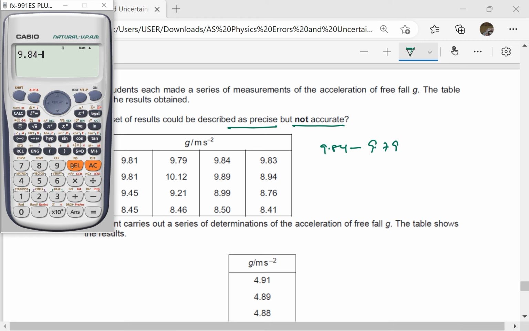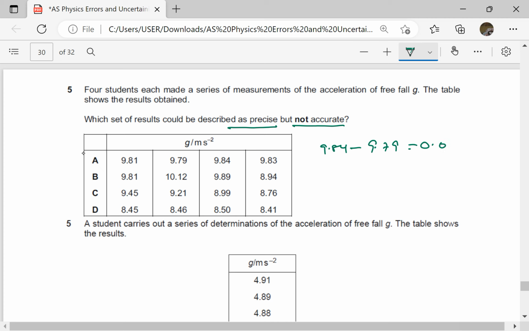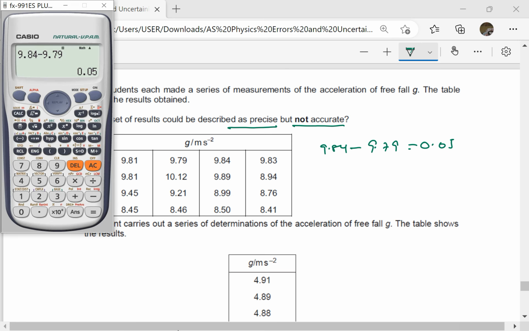9.84 minus 9.79. So this is 0.05. Then here we have 10.12 minus the smallest, which is 8.94.